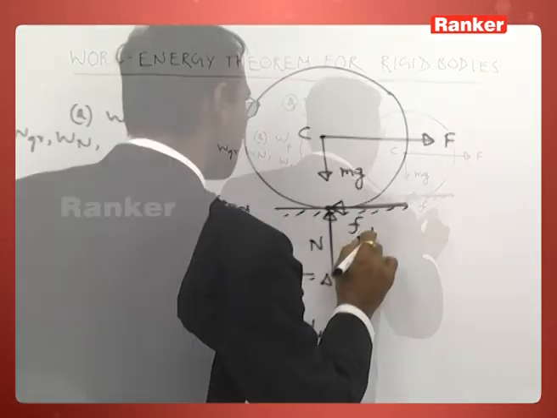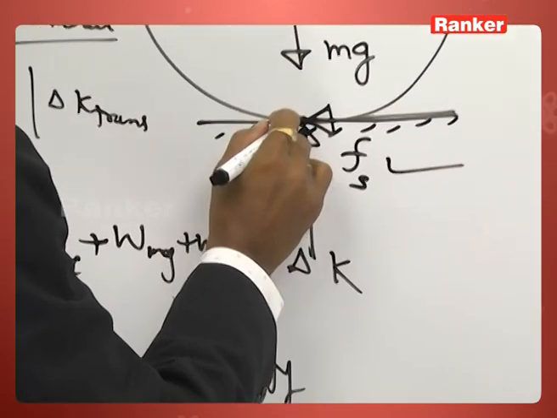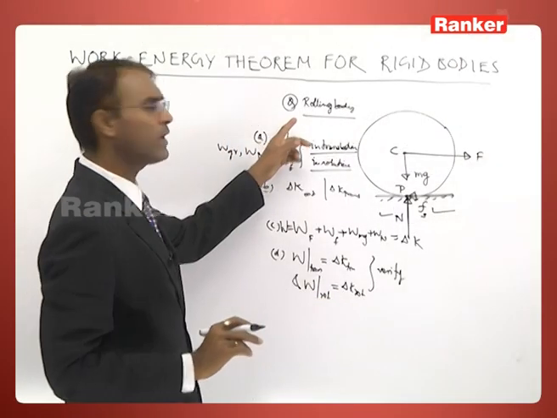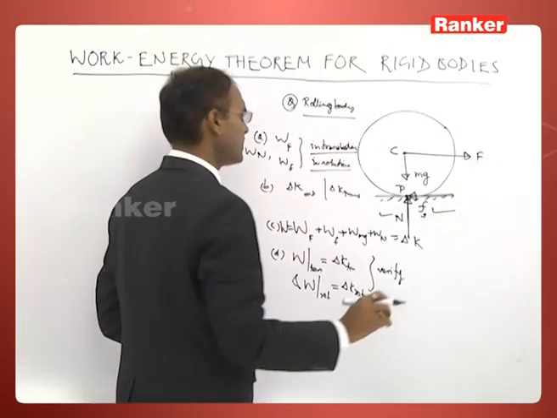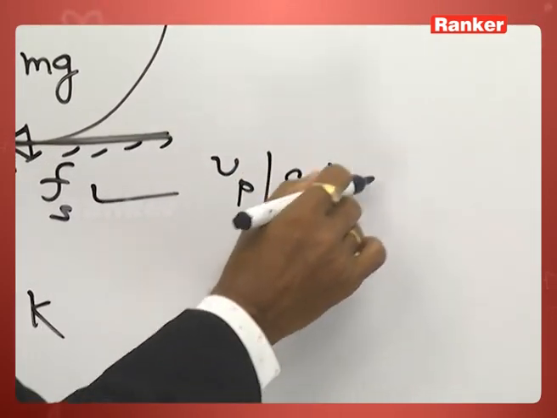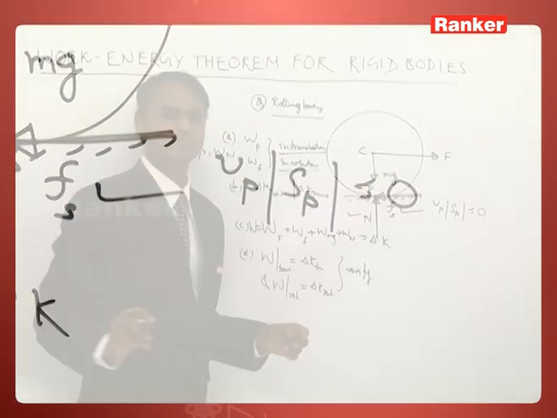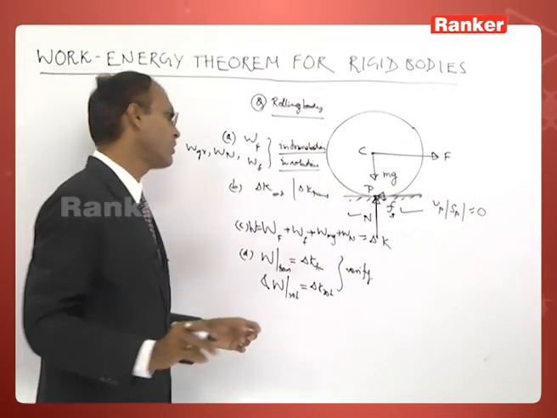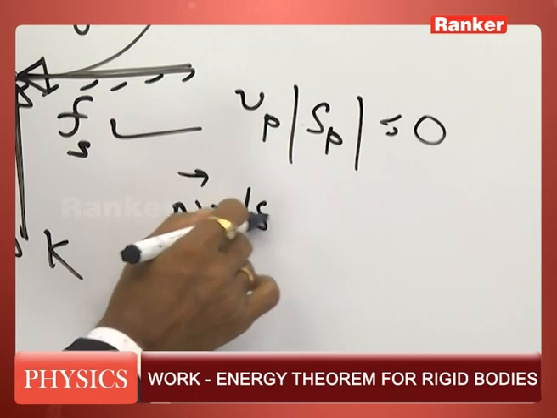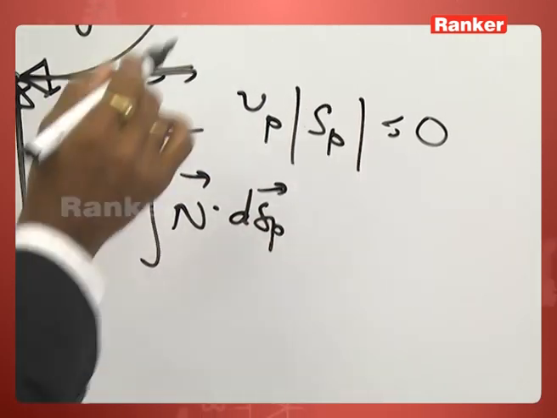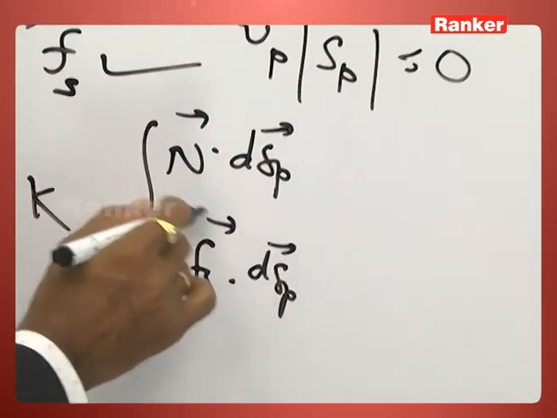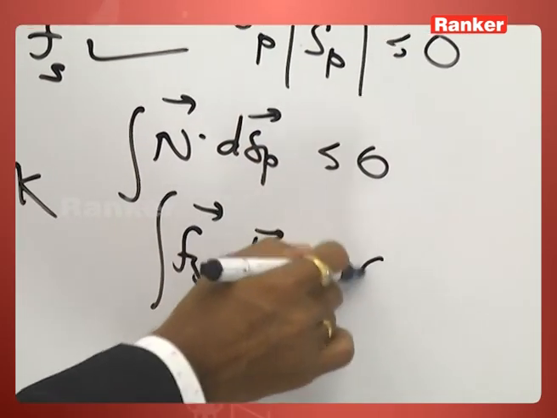These two forces act at this point P, and for pure rolling, the velocity and displacement of this point P is 0. Therefore, N dot ds_P or Fs dot ds_P will be equal to 0.